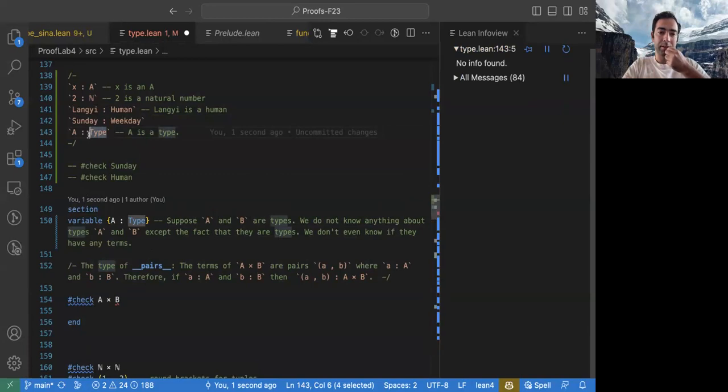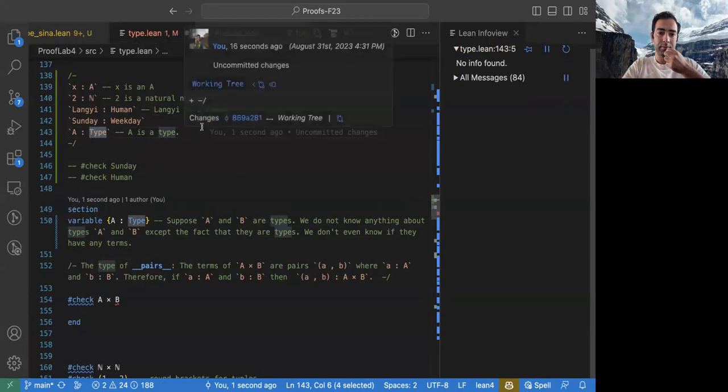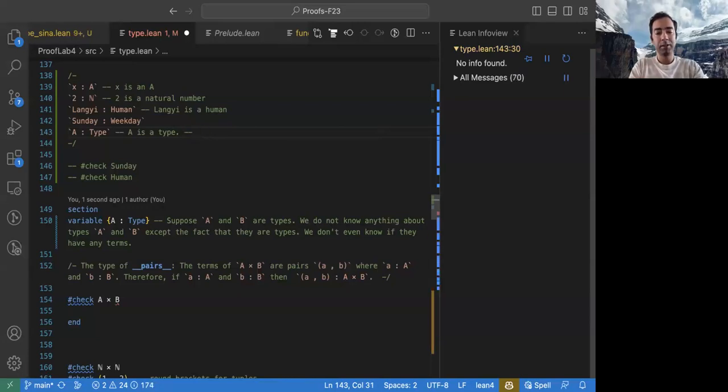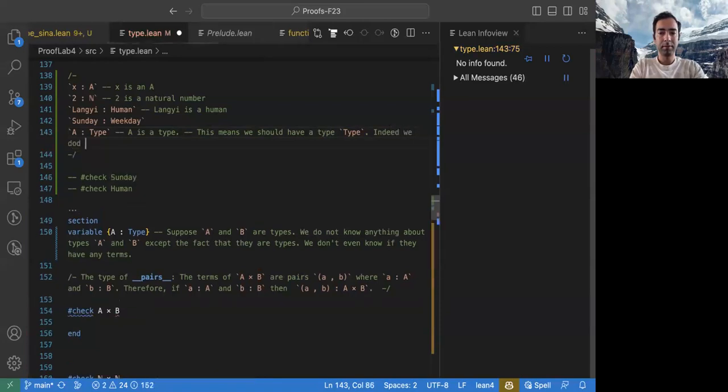What does that say about type like this one? So type is itself a type of all types. Exactly. So this means we should have a type, and indeed we do. And this is the type of all types.